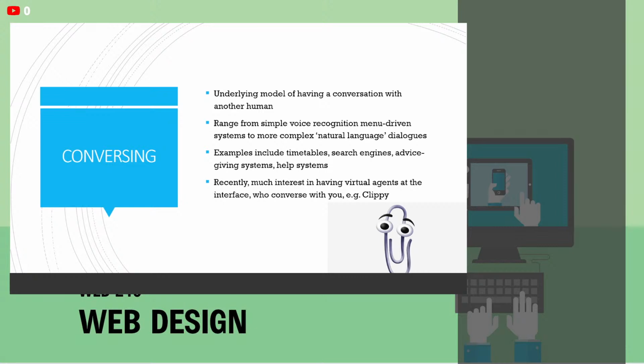Could be an example of a conversation, because what you're saying to the search box is, I would like to look for this, and it's saying, okay, here are some examples of that. And search engines even are one of the examples given here. So we typically see this as a fallback if giving instructions fails.